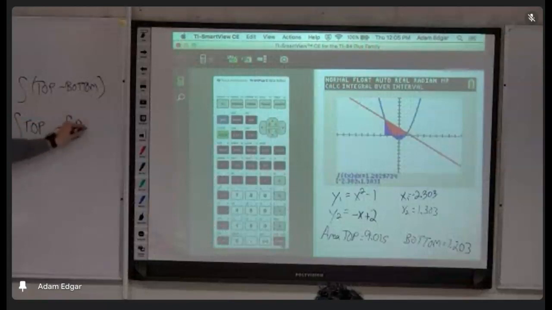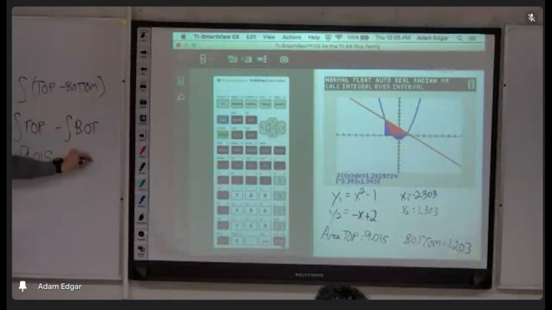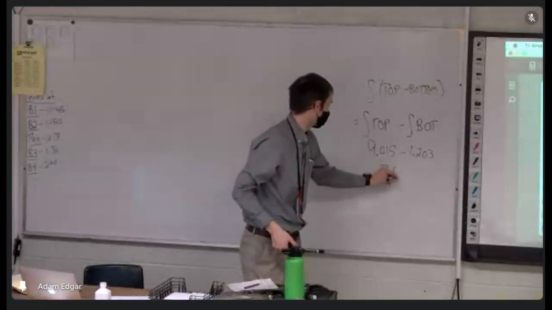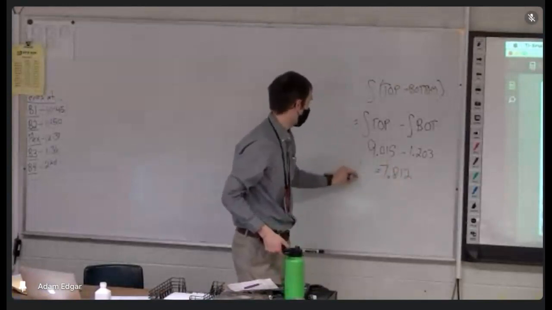You can break this into 2 integrals because it's subtraction, not multiplication. And when you subtract these, you have 9.015 minus 1.203, and that is 7.812. So that's the area between the 2 curves.